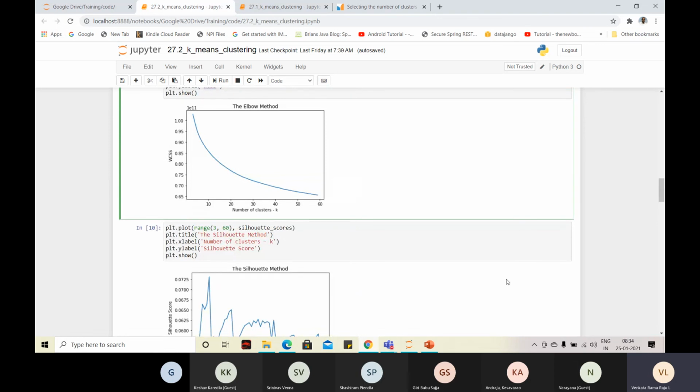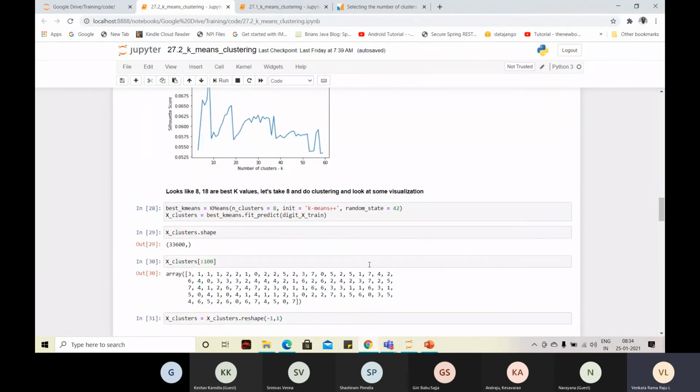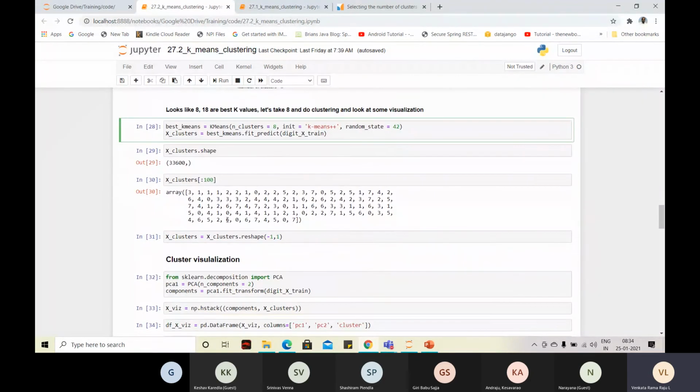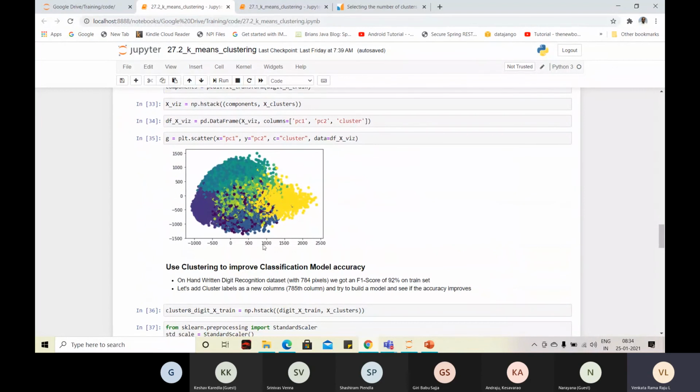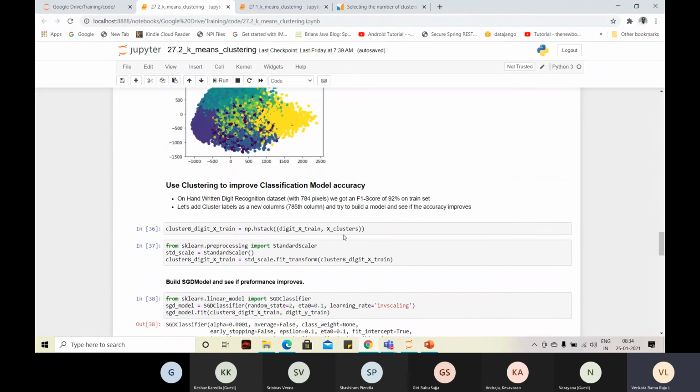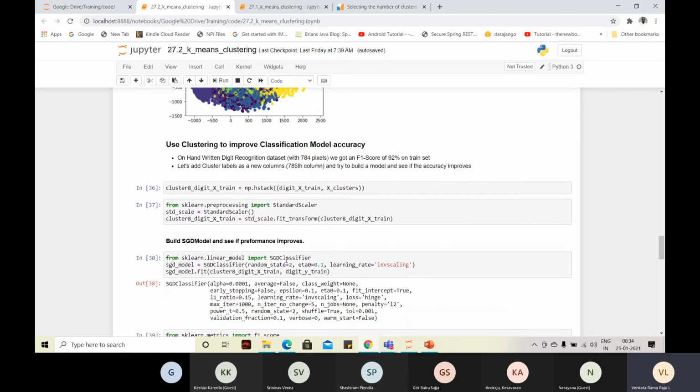On a classification data set, the number of classes is the same. So I have taken 8. I am pretending, and I have taken 8 and tried to do the clustering and visualize it. See that? I reduced those 784 dimensions to 2 dimensions and then tried to do the plot. This is not right. This is definitely not right. But some people did it. I'm actually trying to show you the technique.